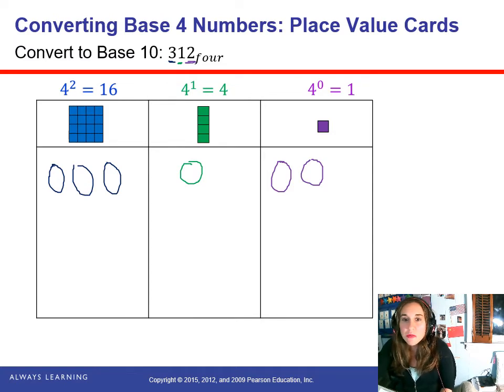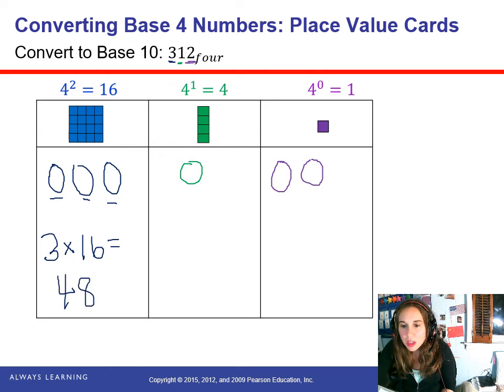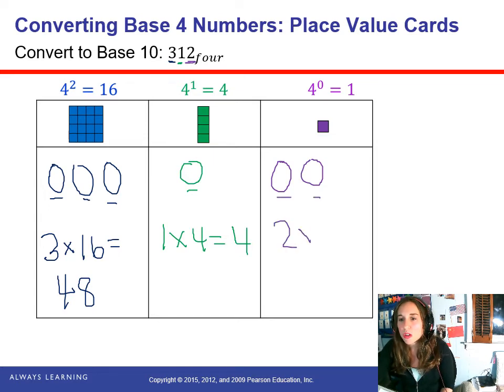And then I'm just going to do exactly the same thing. I see I have 1, 2, 3 in this place value, so that's 3 times a value of 16. That equals 48. Okay. And my 4 to the 1 place value, I just have 1, so that's 1 times a value of 4, which equals 4. And in my 4 to the 0 place value, my units, I have 1, 2, so that's 2 times the value of 1, which just equals 2.